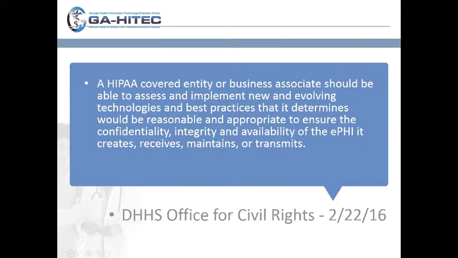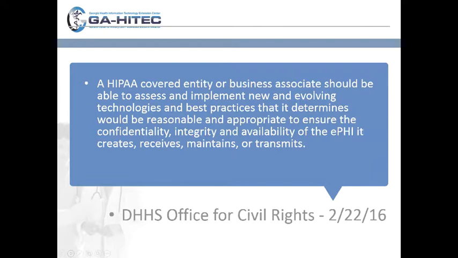One question I get a lot is, well, Kelly, why can't you just tell me what CMS wants me to have? How come I don't just get a manual and a book, a HIPAA binder with all the things I need? And this quote here from DHHS, y'all all know that the Office for Civil Rights is who enforces HIPAA.